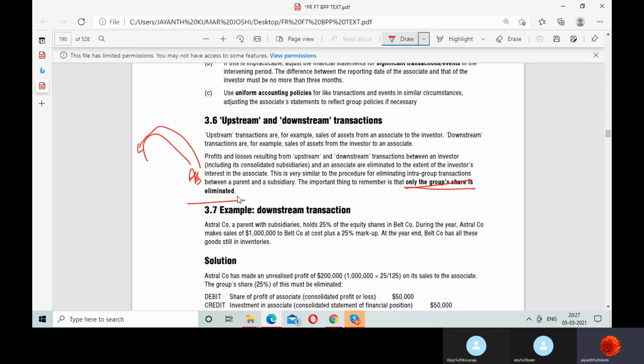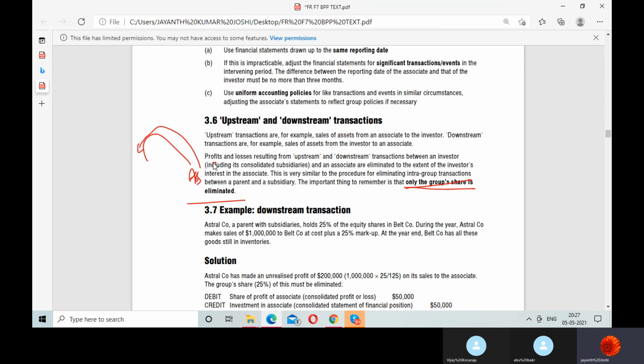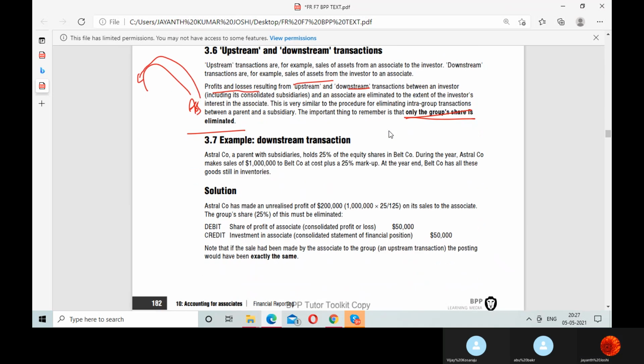That means profit and loss resulting from upstream and downstream transactions between investor and associate are the only profit and loss you should eliminate, and that too to the extent of whose share? Investors. Correct? Correct. Don't worry, we'll do a question.